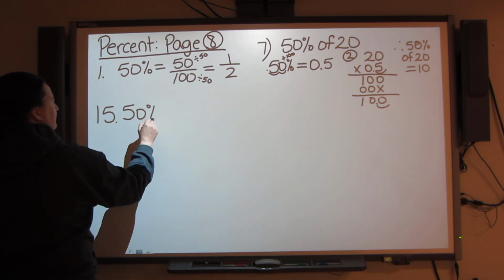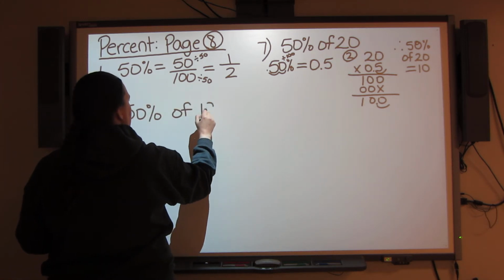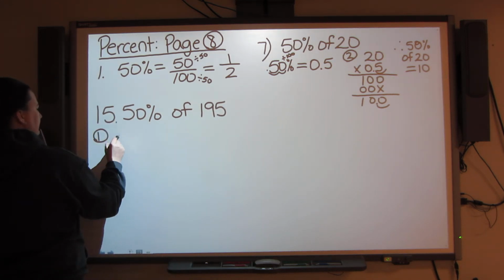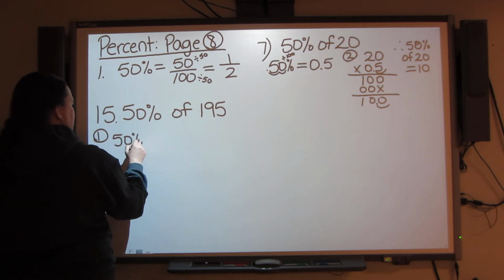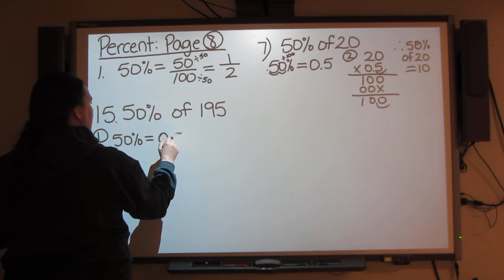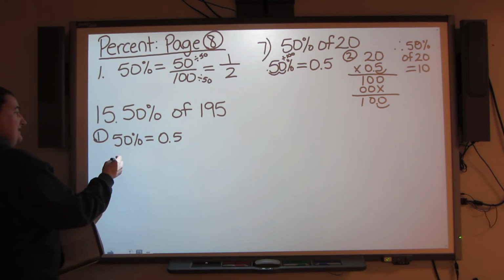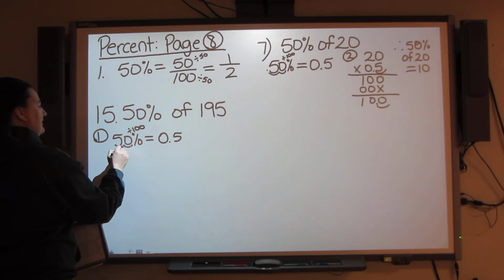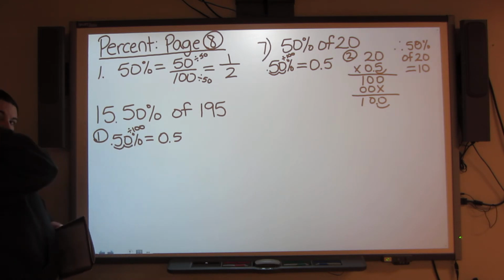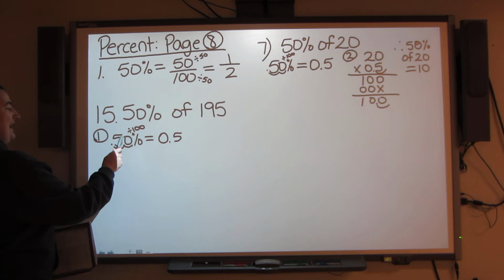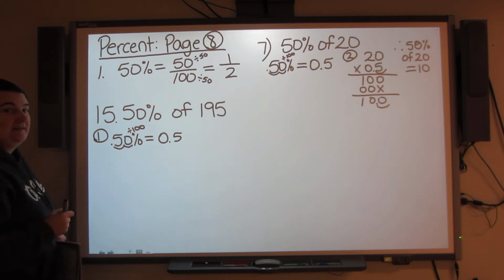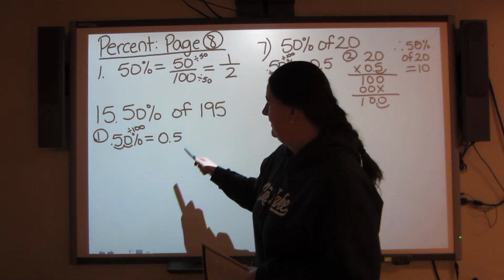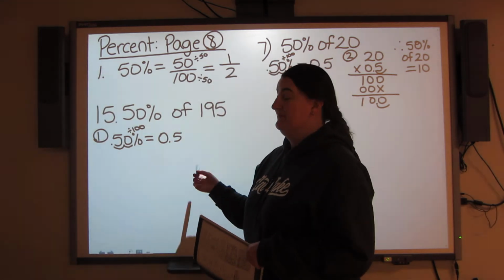Again, step 1. 50% equals 0 and 5 tenths, because when you change a percent to a decimal, you move that decimal 2 spots to the left to make it smaller, and you don't have to include the 0 because, of course, it does not change the value of 5 tenths.